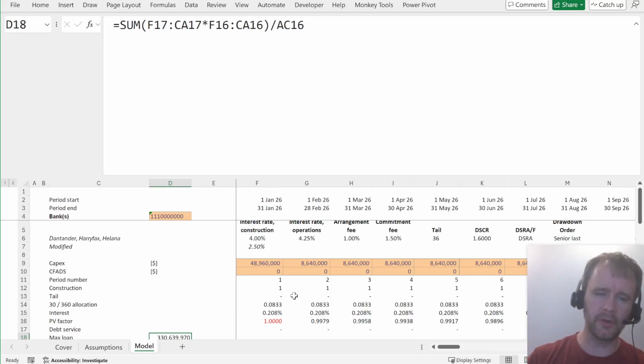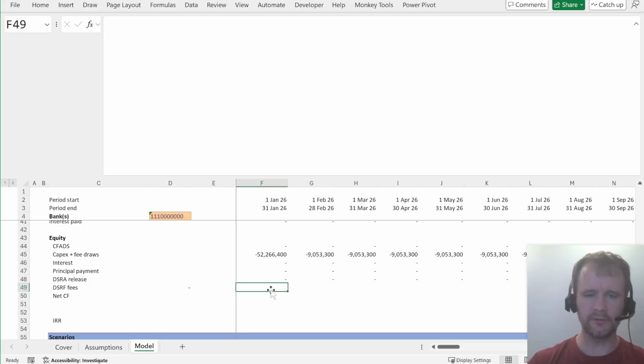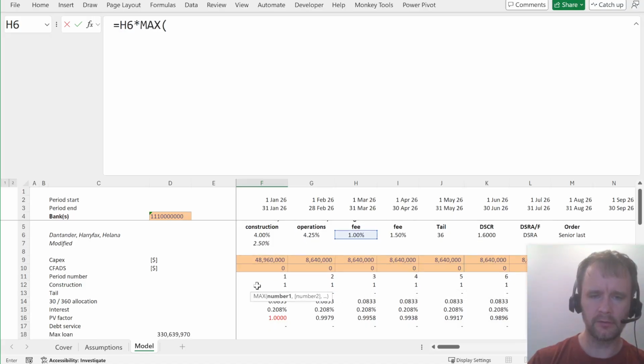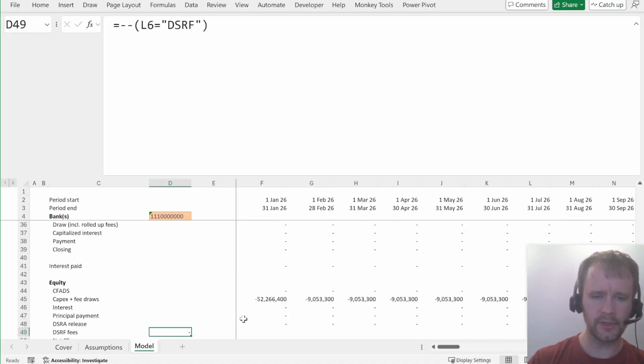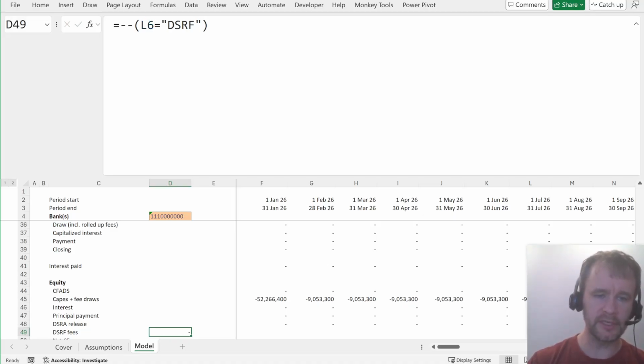Obviously in your model where everything works, you never expect to draw on it, but you still have to pay an arrangement fee on that and a commitment fee on that. But those are always funded out of equity, regardless of everything else above. So, long way of saying, here's our arrangement fee times the max of, first thing I need look at that, I left it there from before. I need a flag for is DSRF active.